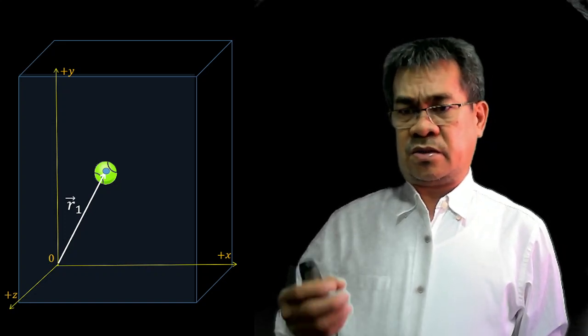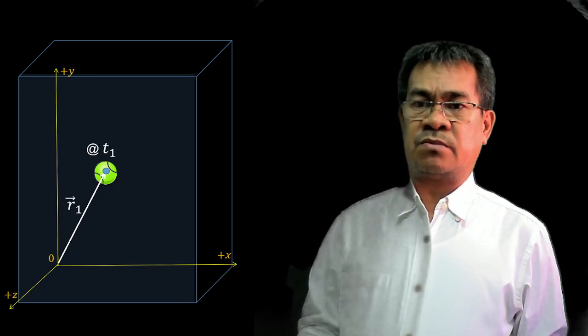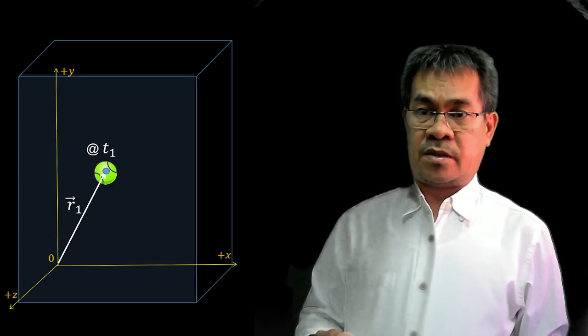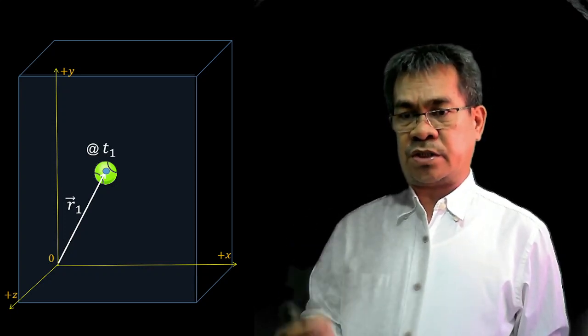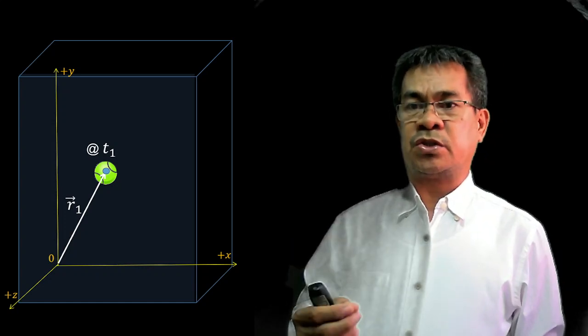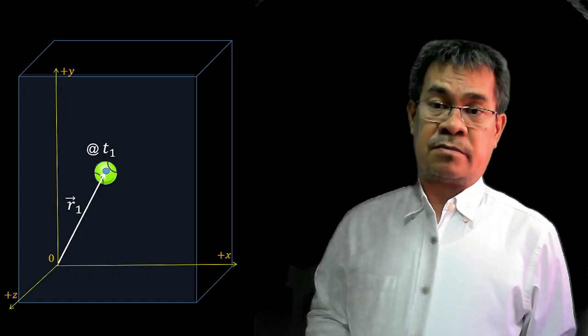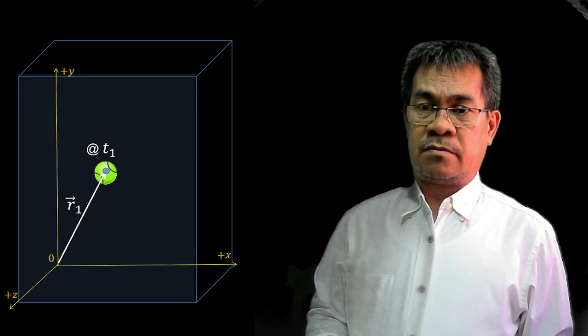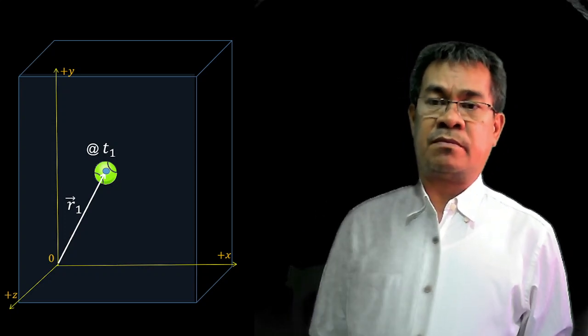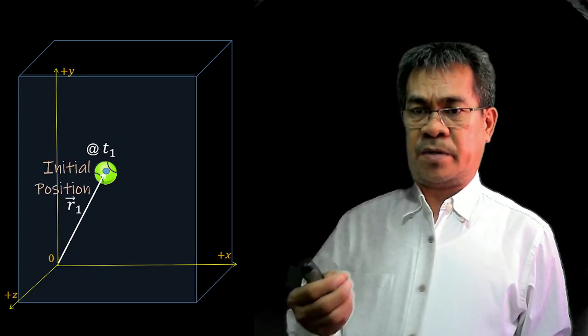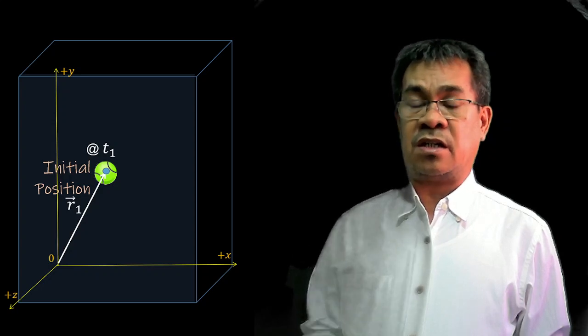So the position happens only because of the time. Now for every time there must be a position. Why? Because position is time dependent, meaning there's no position without time. And we can say that the particle is located at the initial position.